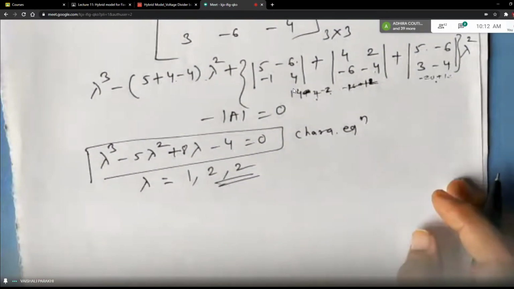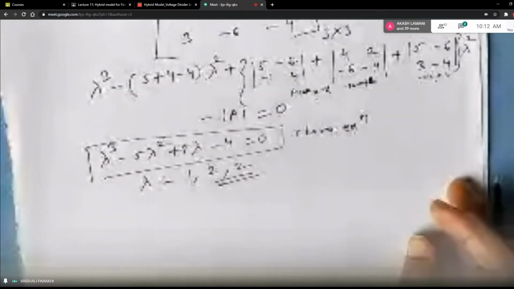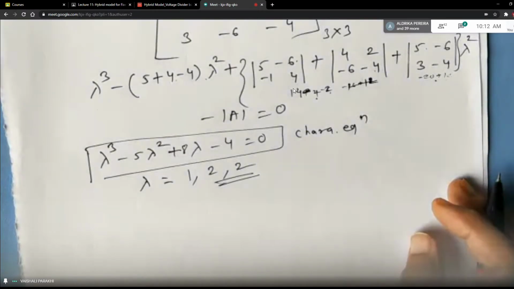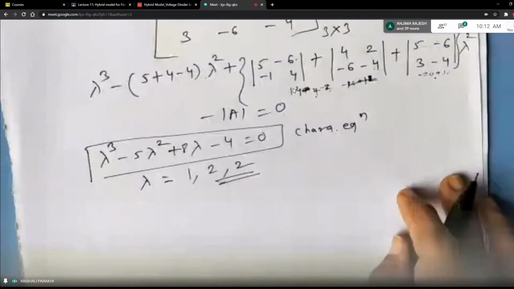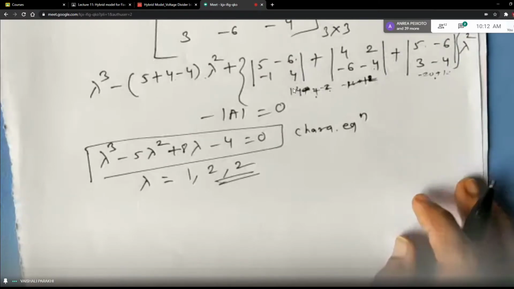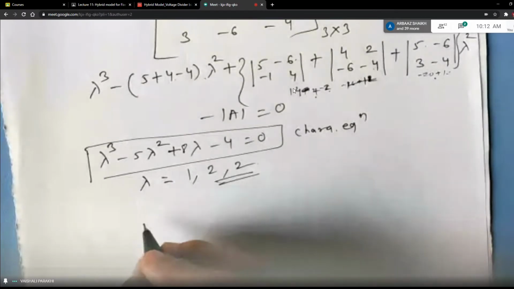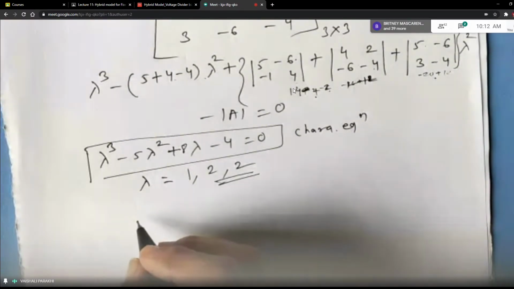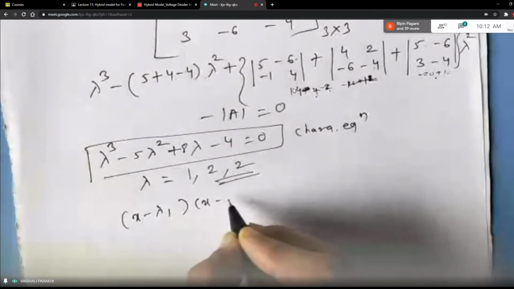So what that point says is, find whether the equation (x minus lambda 1)(x minus lambda 2) equal to 0 is satisfied by matrix A. As two eigenvalues are repeated, f of x will be (x minus lambda 1) into (x minus lambda 2).